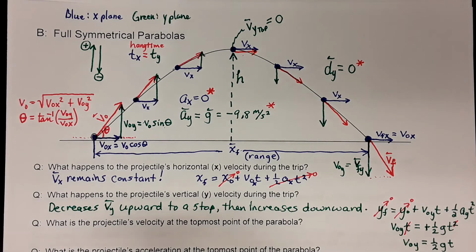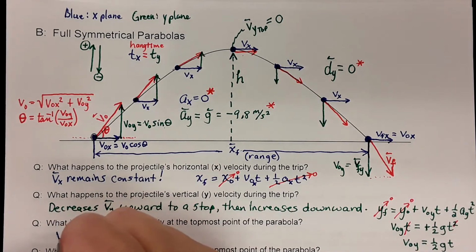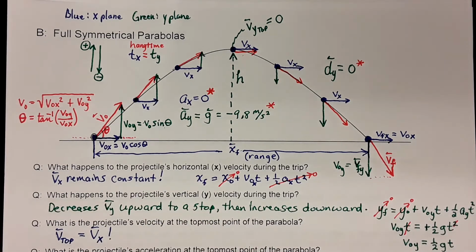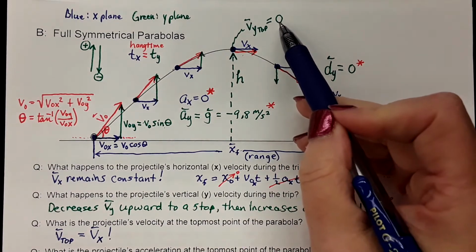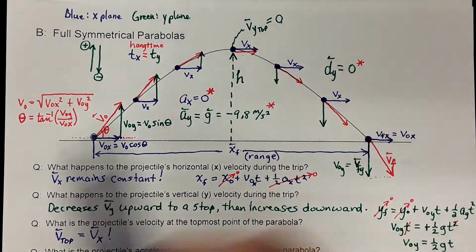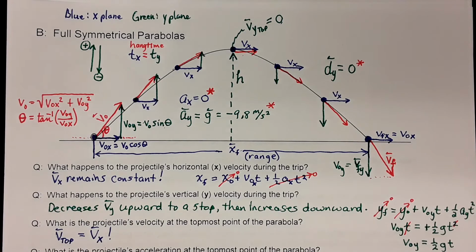So right here, we can say, let me use the blue, the velocity at the top is equal to whatever the horizontal velocity is. In fact, you can show that mathematically, because if you do the Pythagorean theorem, what is the square root of 0 squared plus v sub x squared? Well, it's just v sub x, isn't it?